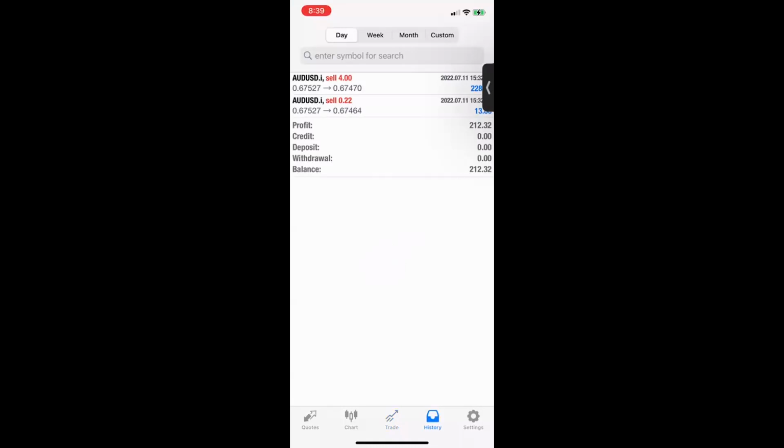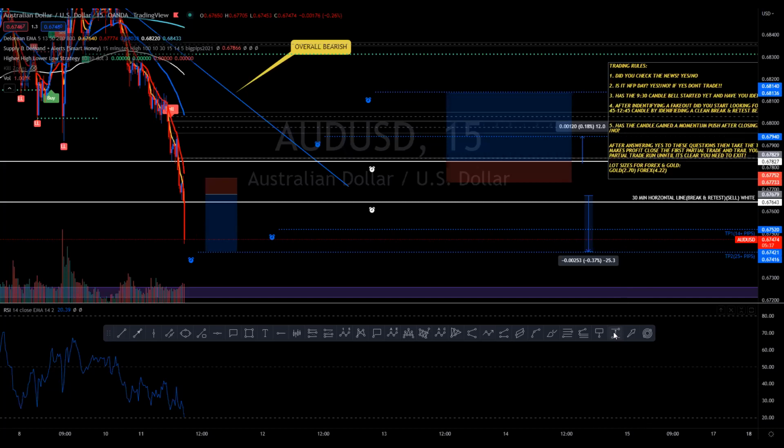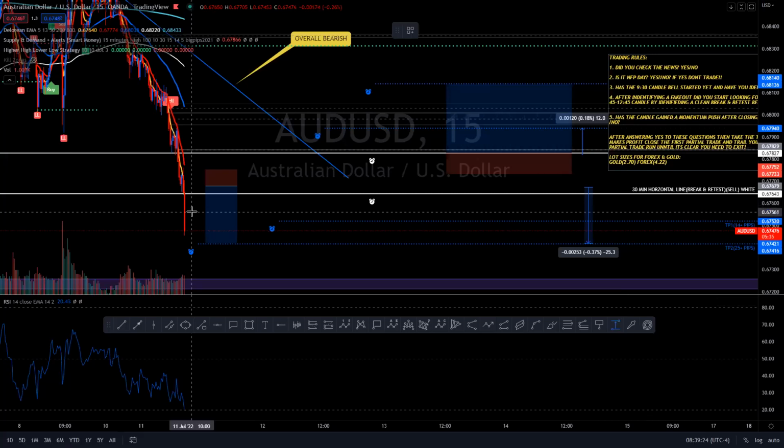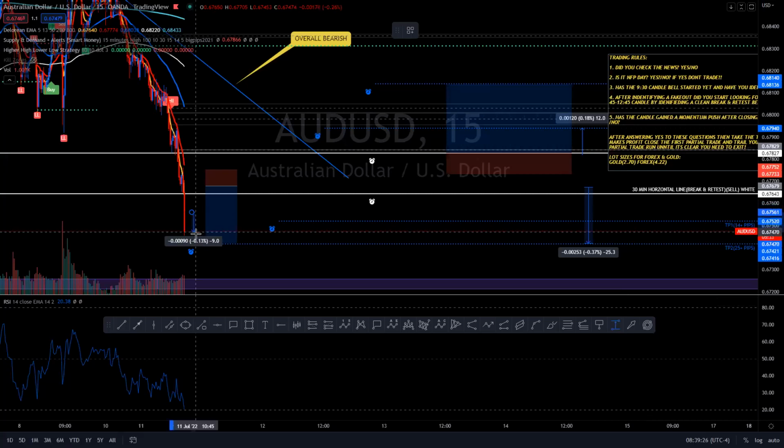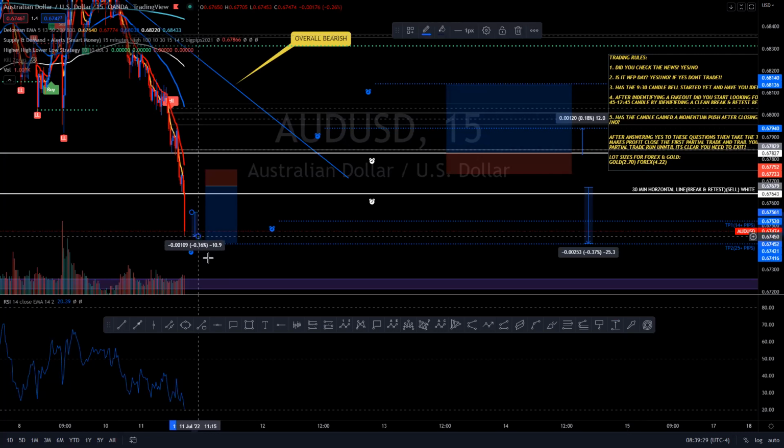As you can see, $212 profit. Price really dropped out of nowhere. That was crazy. Imagine if I would have gotten in earlier. Yeah, price really dropped. I got in probably here because price dropped so quickly on me. So that gave me about 10 to 11 pips.